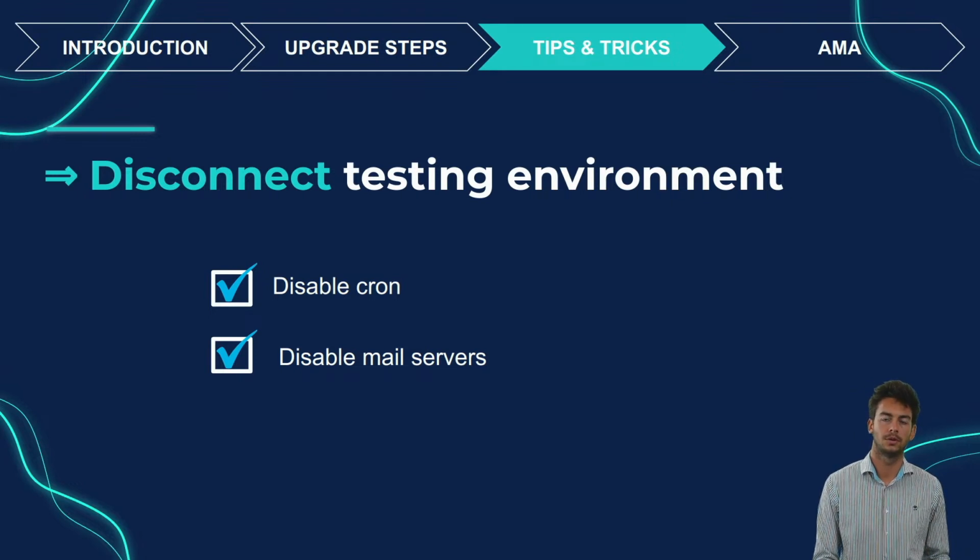If you download a dump from a staging from odoo.sh, everything is done automatically. Everything will already be disabled. But if you download a dump of your production, or if you use a copy of your production to test the upgrade, you will need to disable anything that is connected to the outside world.